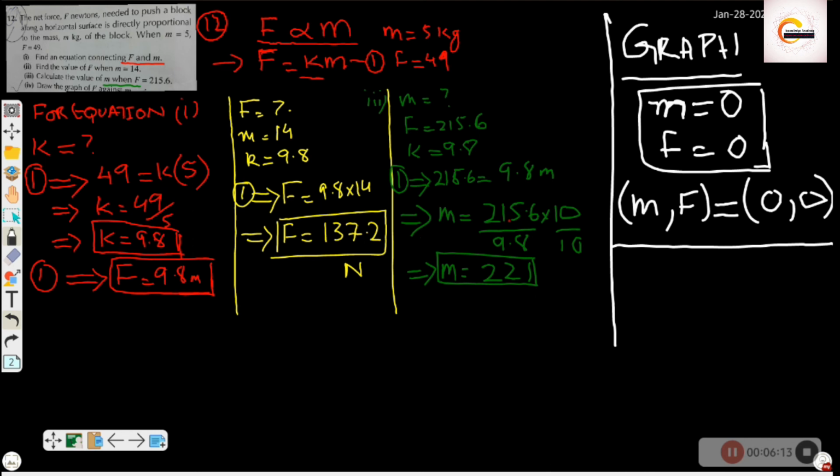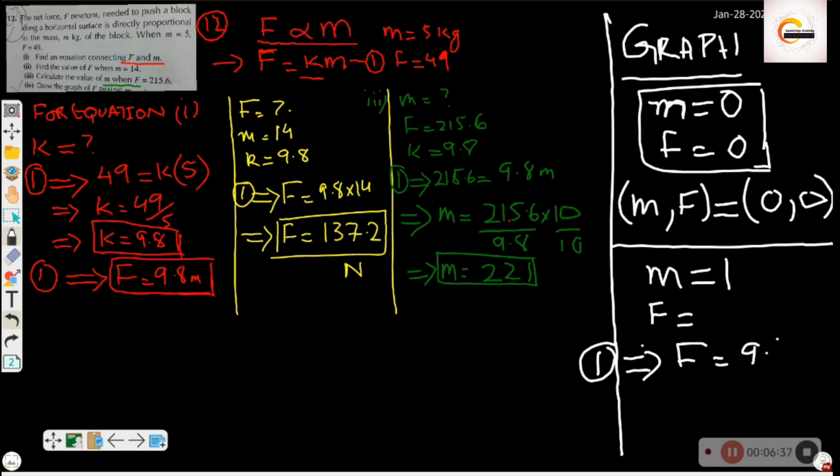For the second point, let's suppose our independent variable is 1. Take an easy value. What would happen to F? No problem. Let's put it in equation 1: F is equal to 9.8 into 1.